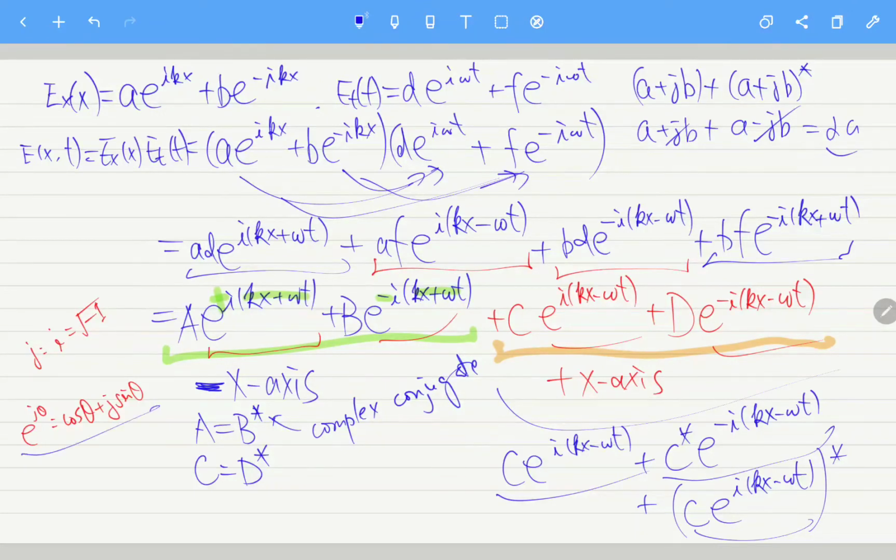So if we just take the complex conjugate of exponential j theta, this is cosine theta minus j sine theta, which is nothing but exponential to negative j theta. So we need this condition to make this thing a real function.